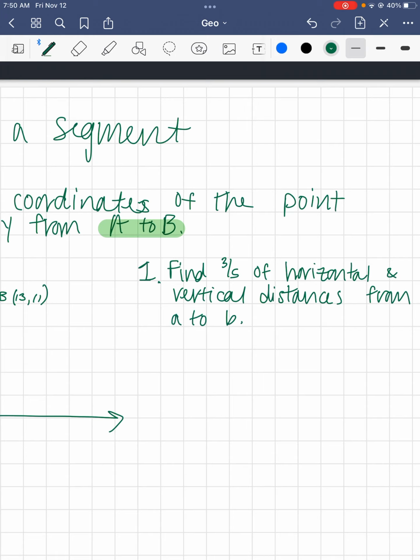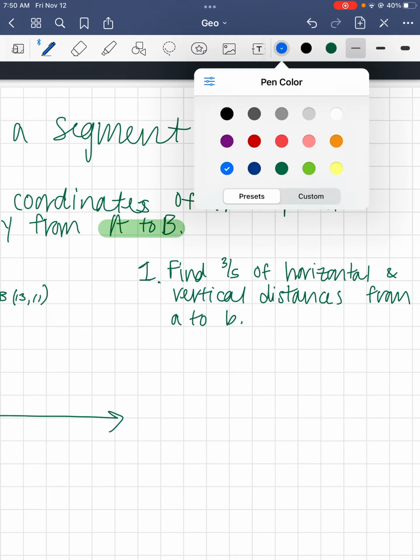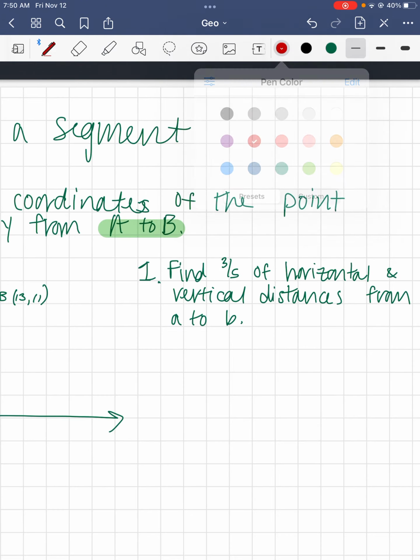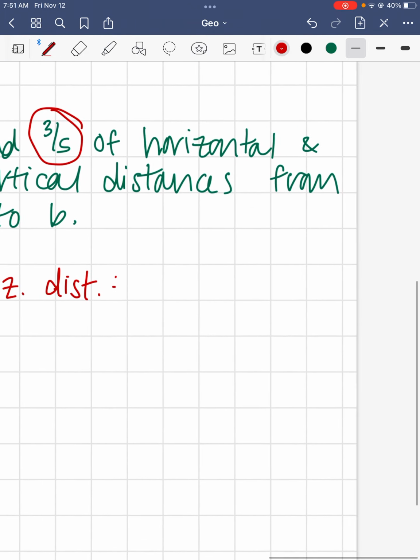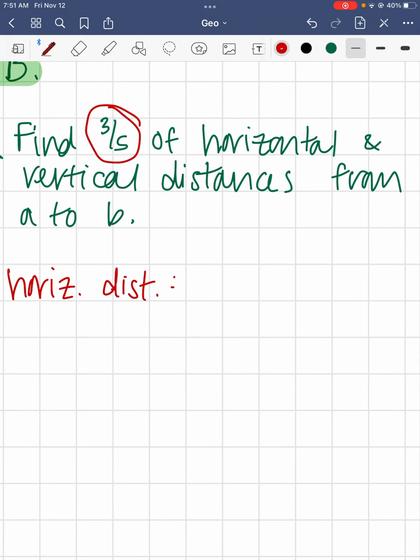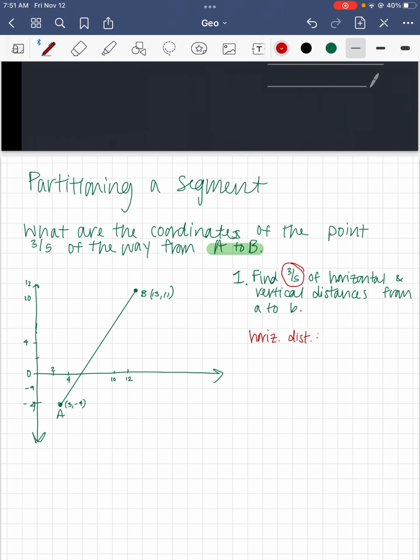All right, so I'm going to do this one. Let's do a different color here. I don't like blue. Let's do red. Christmas is coming. Okay, so let's start with the horizontal distance. Just going to shorten that horizontal distance. Okay, and we want to know what 3/5 of this horizontal distance is. Well, how do we do that? First let's find what the horizontal distance is. Remember, distance is the absolute value of one of the numbers minus the other.